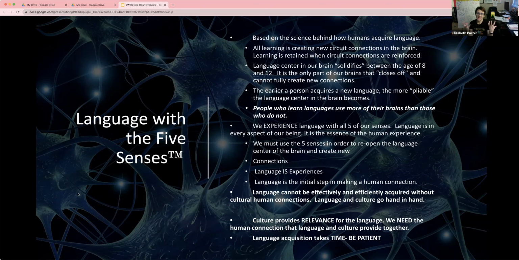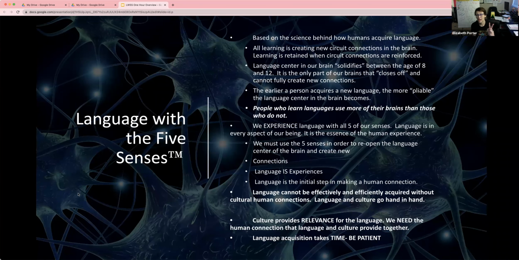So language with the five senses education, or language with the five senses, the method came out of this research and this idea and the science behind how our brains naturally are wired to learn, and specifically naturally wired to learn languages. We know that the earlier a person acquires a new language, the more pliable the language center of the brain becomes.